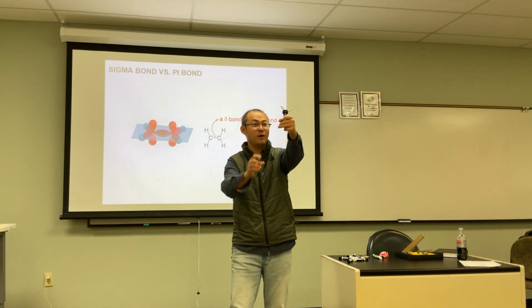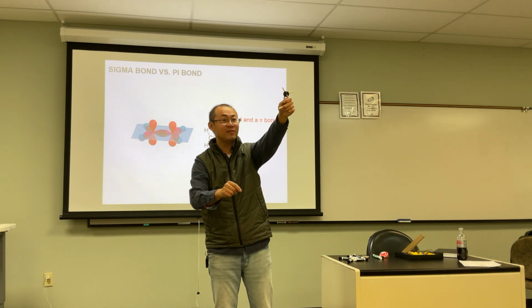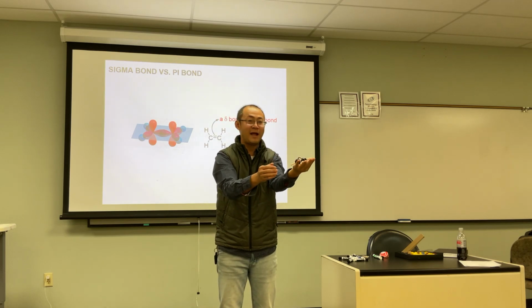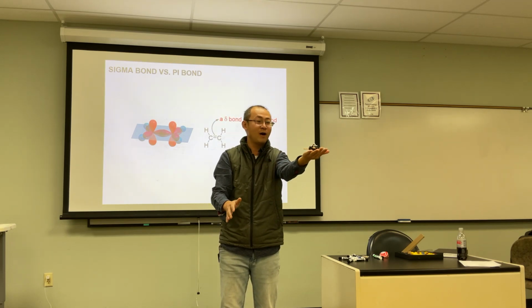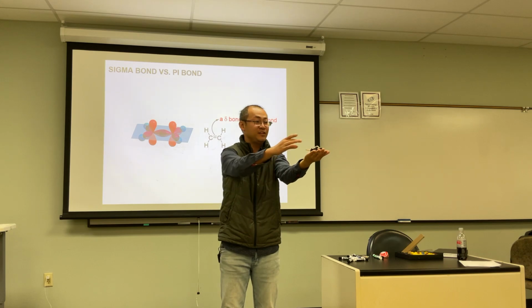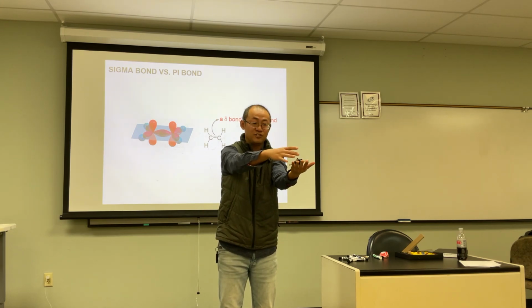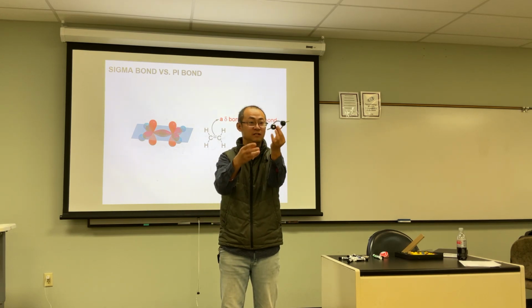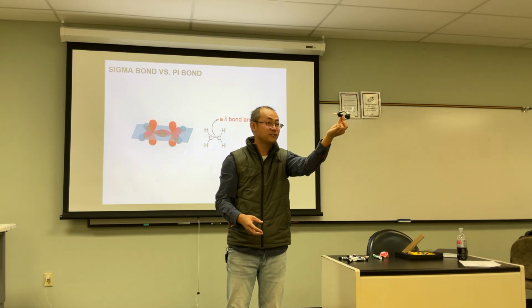Each carbon is trigonal planar. You see that? This carbon is trigonal planar. If I put this whole molecule on my hand, they're all on the same plane. You guys see that? These two carbons and these four hydrogens, if there were hydrogens, are all on the same plane. Why? Because sp2 carbon is a planar structure.